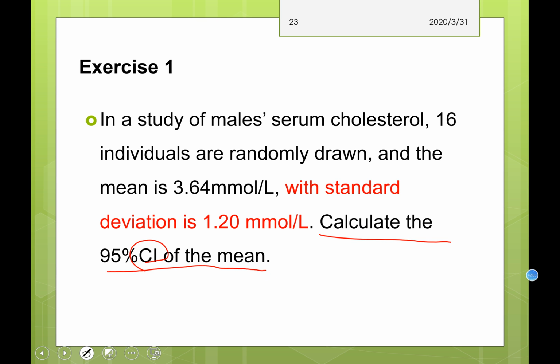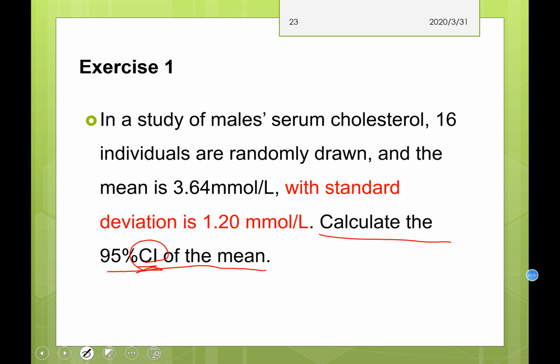It's not to identify if there is any difference, right? So we don't find the keywords of different or difference. It's just about the confidence interval. So we know that we need to find the x bar, s, and the little n, and we need to find the t value from the table A2.